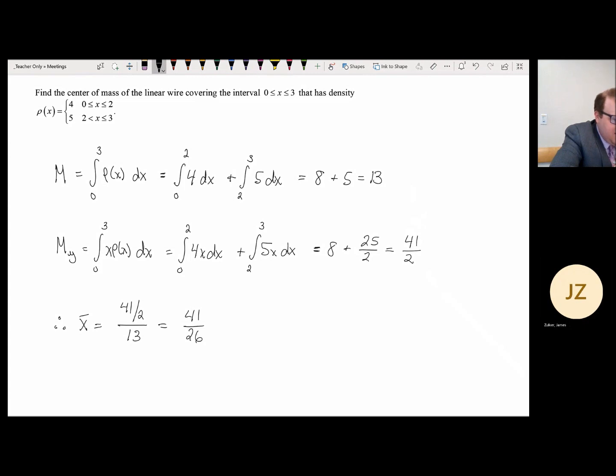Max is 15, right? So that's what, slightly over 1.5? So not quite the midpoint. Which, if you look at it, actually should be slightly less than 1.5.